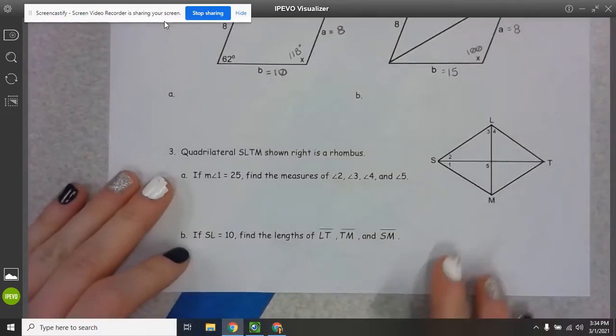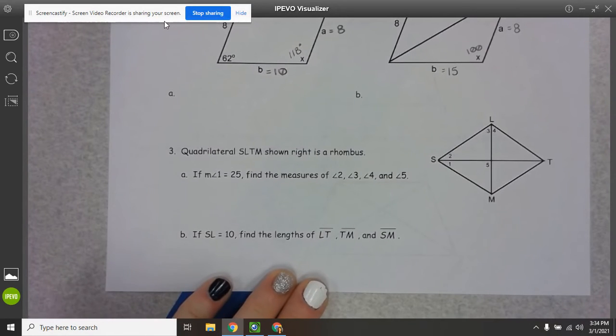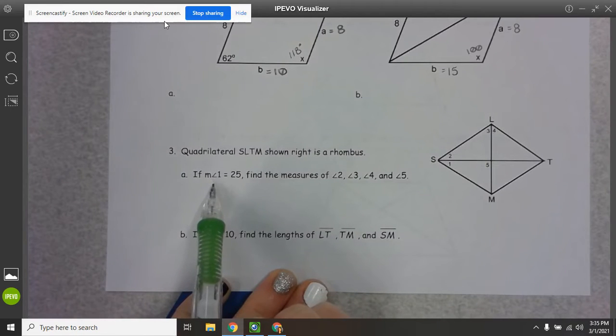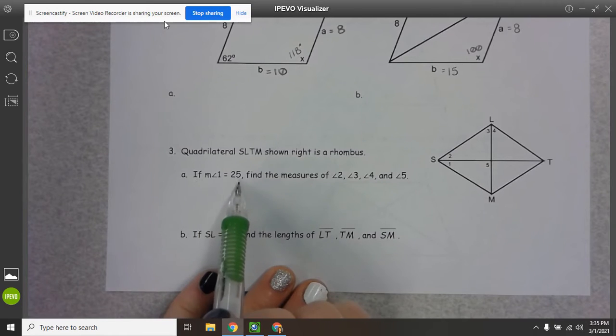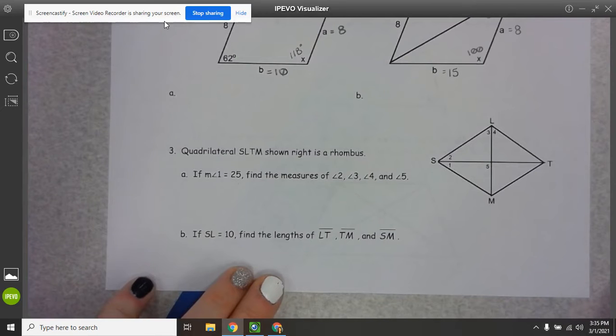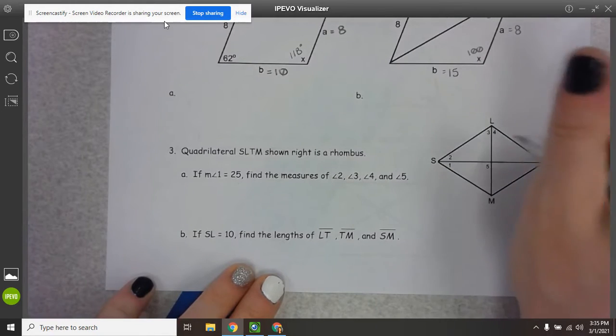All right, so here we go. We have measure of angle 1 is 25 degrees. One thing I know, since this is a rhombus, the diagonals are perpendicular.